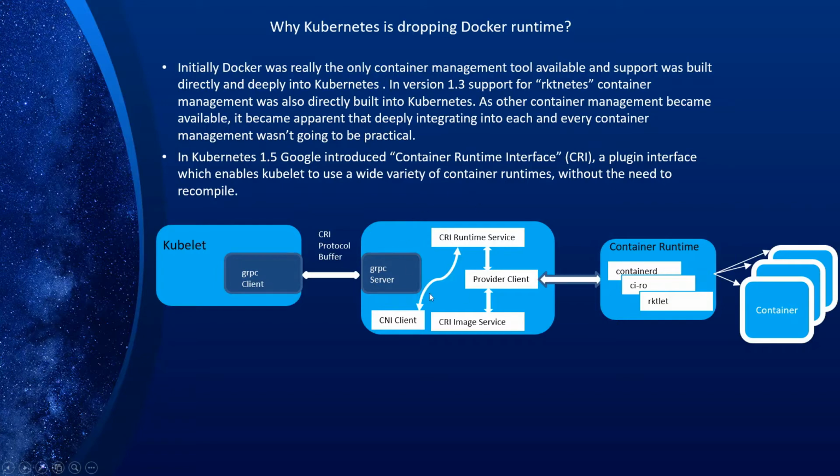This piece, which is the CRI runtime API, is actually a gRPC server, and the kubelet talks to it through a gRPC client piece. And inside that, there are a couple of important services. One is the CRI image service, which pulls the images and manages images from the container runtime. So containers are managed through the CRI image service.